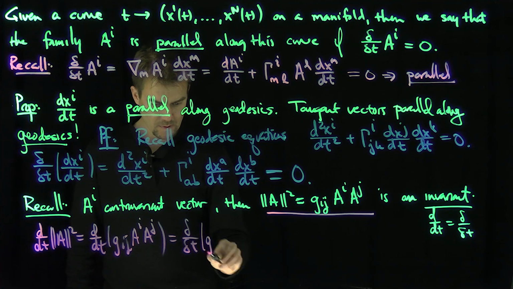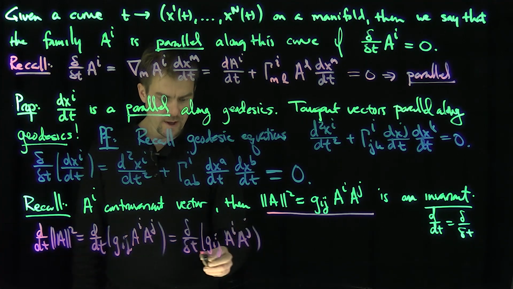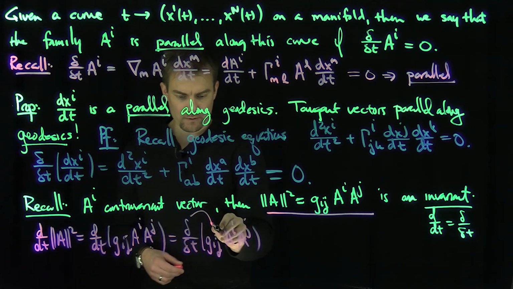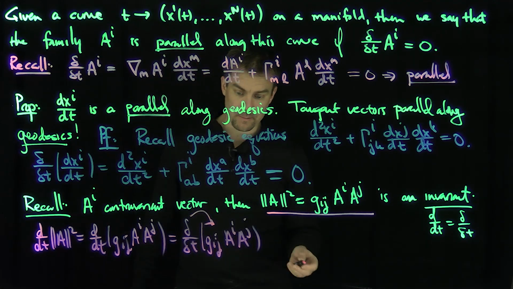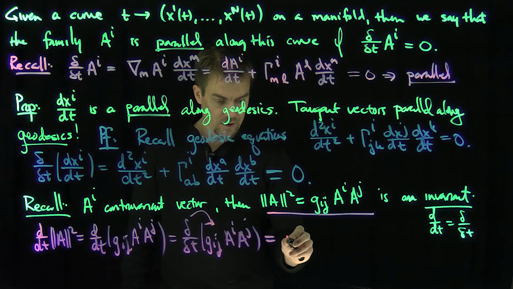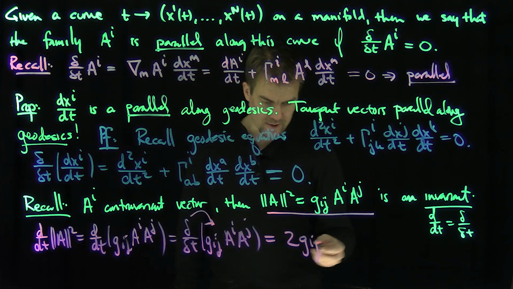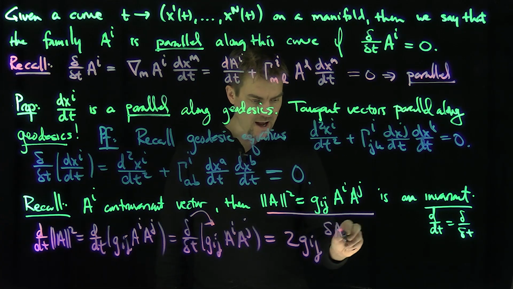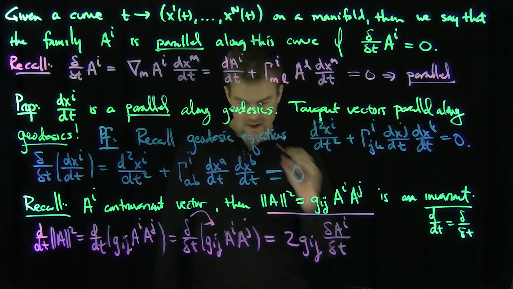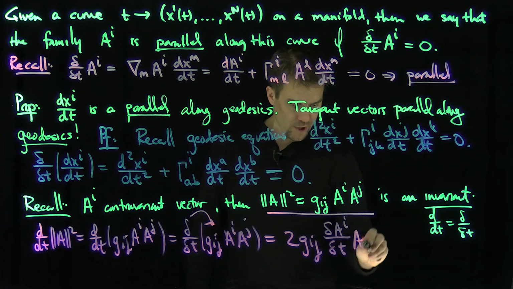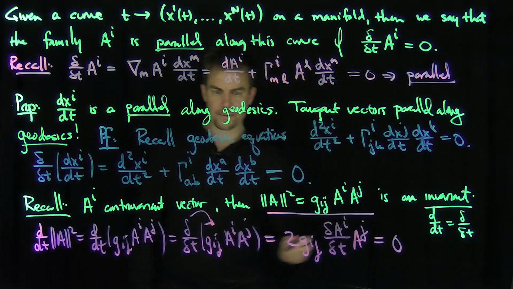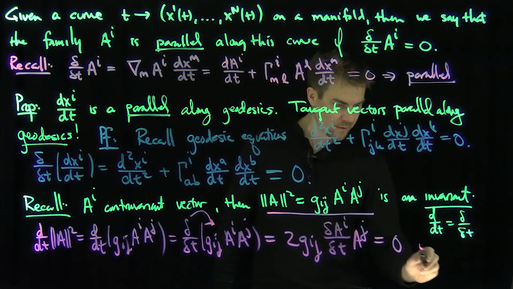Now let's use the product rule and the fact that the intrinsic derivative of g_ij is equal to 0 because the covariant derivative is 0. So this is 2 g_ij times the intrinsic derivative of A^i, times A^j, and that is equal to 0 if A is parallel transported to the curve.